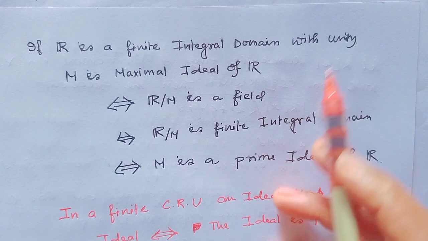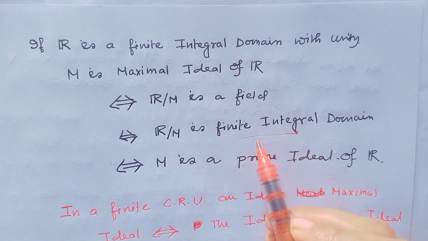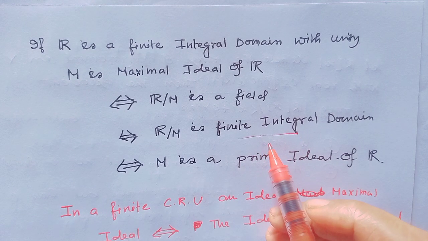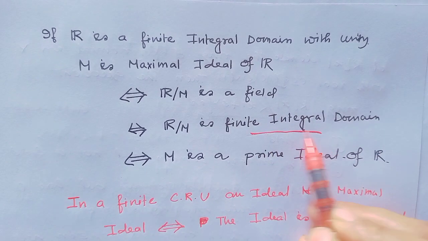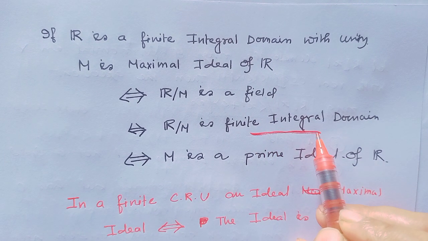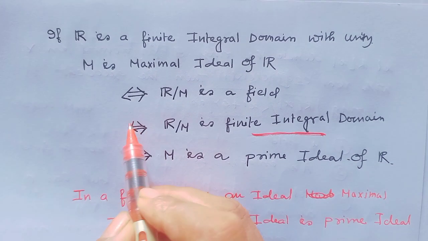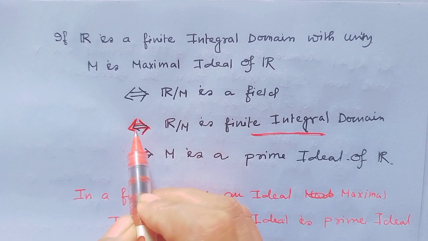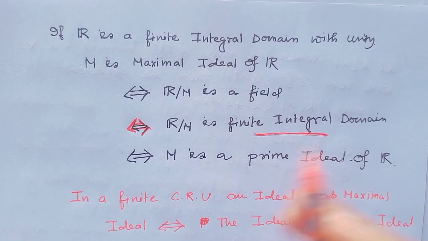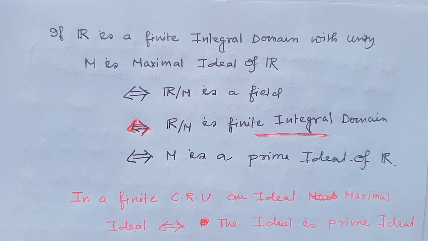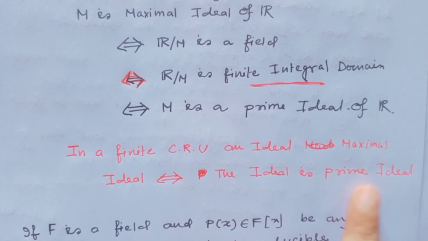Since R is finite, R mod M would be a finite integral domain, and every finite integral domain is a field. So this is an if and only if condition when R is finite, and since it is isomorphic to a finite integral domain, M is a prime ideal. That means in a finite commutative ring with unity, an ideal is maximal if and only if the ideal is prime.